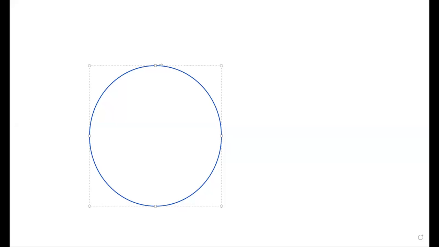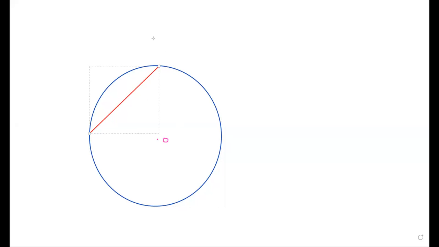Okay, so here I have a circle, and the center of the circle is, say, here. This is the center of the circle, which I call O. Now in this circle, I go for two chords, and those two chords are equal in length.